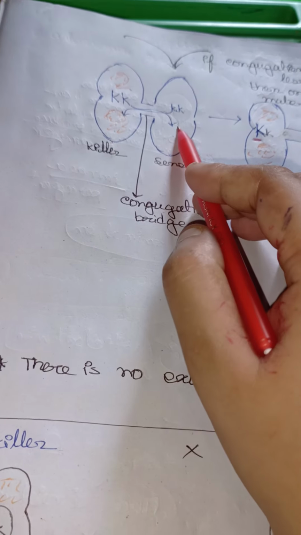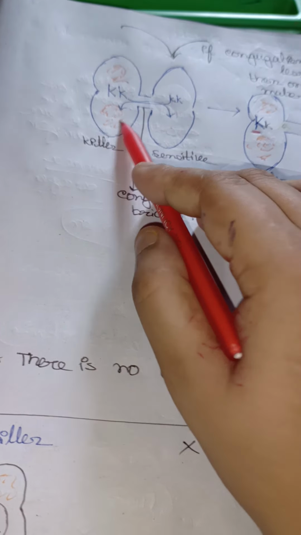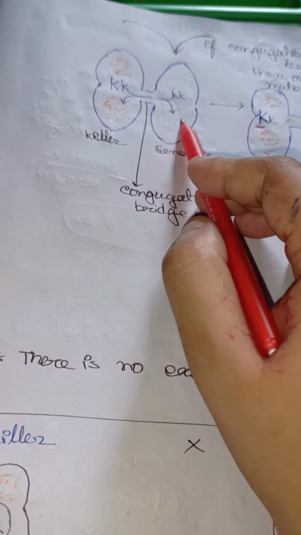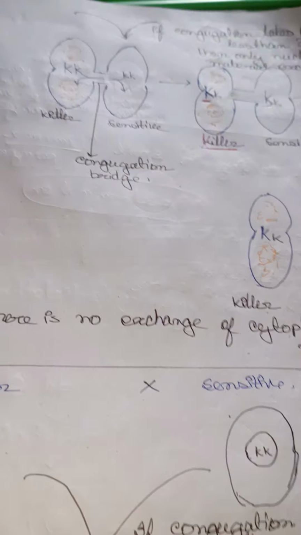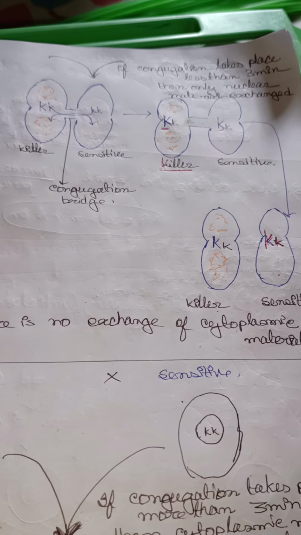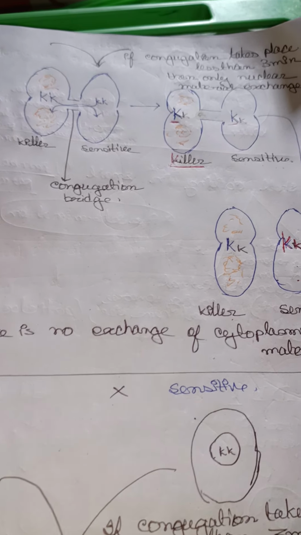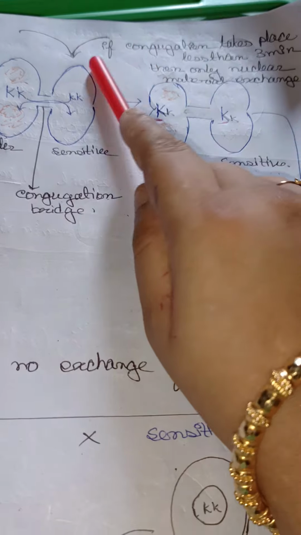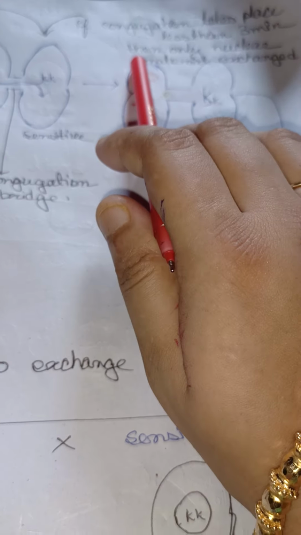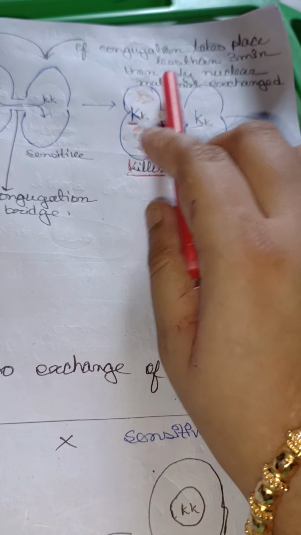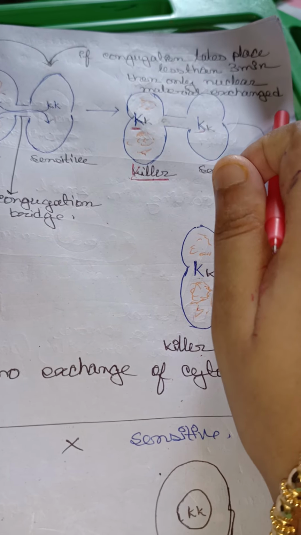If cytoplasmic material were exchanged, then the kappa particle would come into that cell also. That does not happen because here no cytoplasmic exchange takes place. Why? Because the conjugation takes place in less than 3 minutes. For that reason only the nuclear material will exchange.